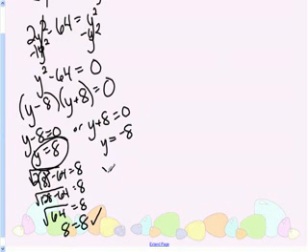And then we plug in negative 8, so 2 times negative 8 squared minus 64 equals 8. Negative 8 squared is 64. 64 times 2 is 128.